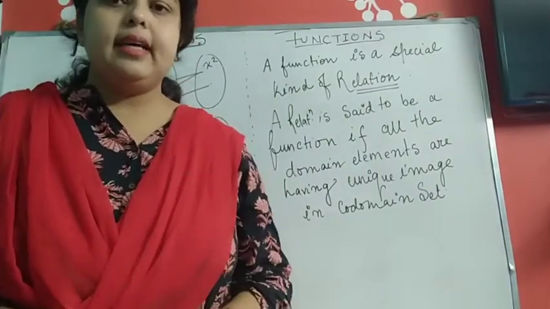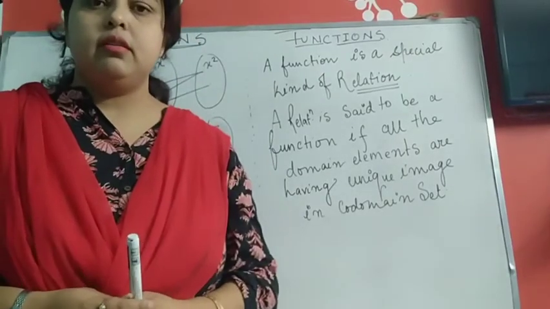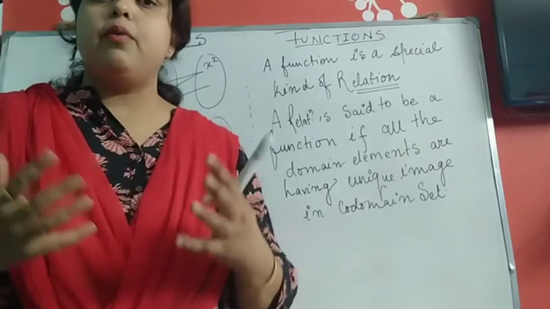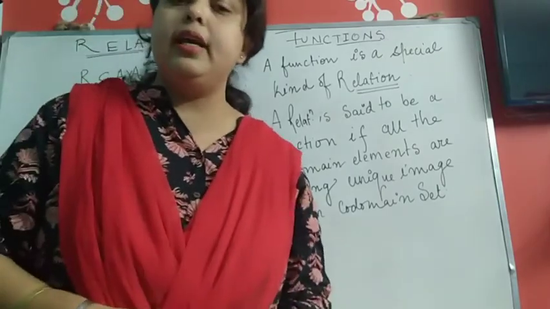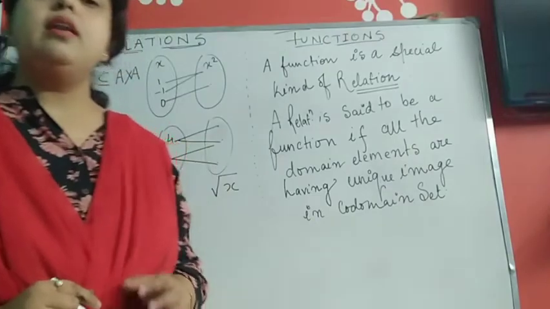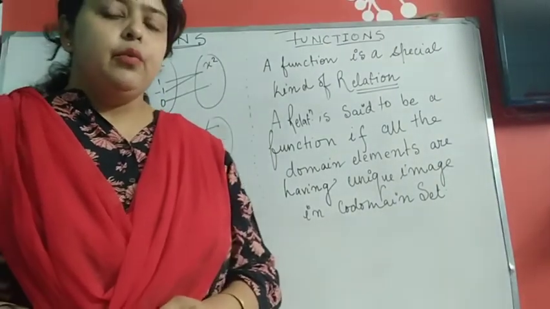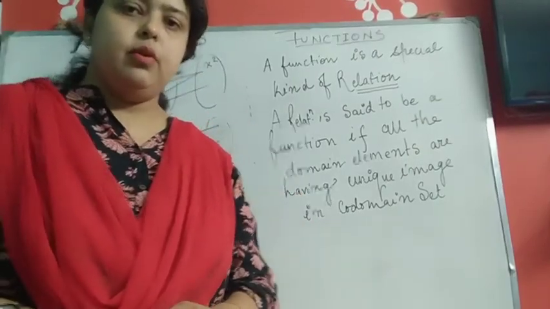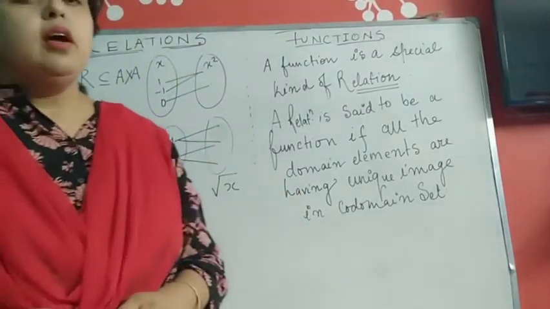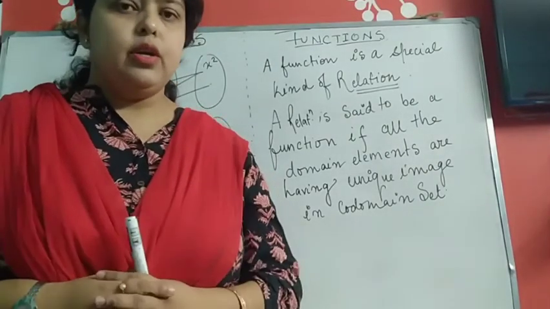Like I can say that you all are my students and I'm your teacher. So this is a relation, this is a bonding created between you and me. Such types of bondings are even created between numbers also, which we call mapping, which is represented by arrow diagrams. About mapping, I think we have already given you notes on that.